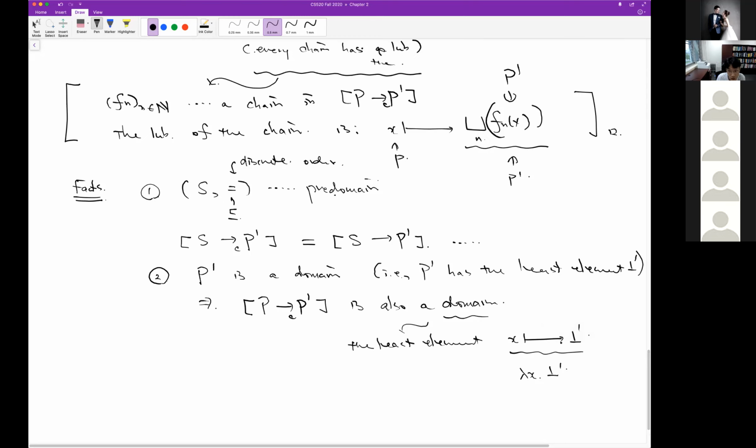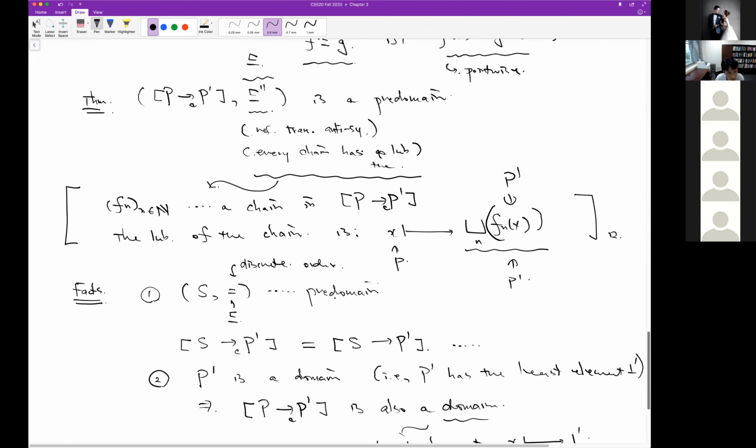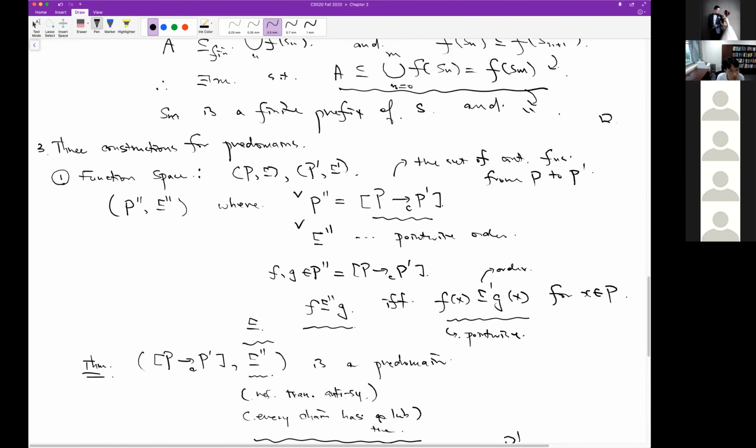So, just to sum up the first construction, actually it turned out to be 2 instead of 3, because the function space consists of all the continuous functions. Order is defined pointwise.